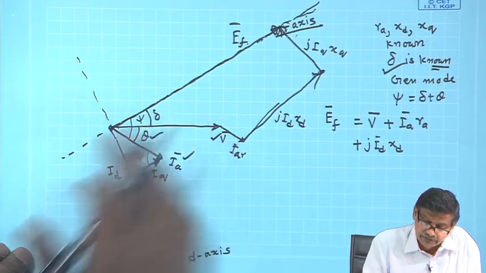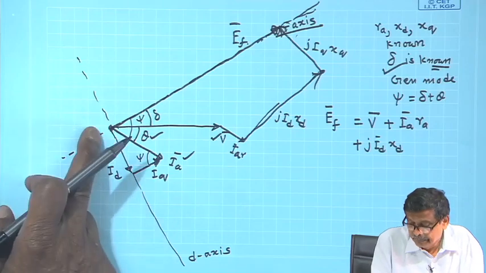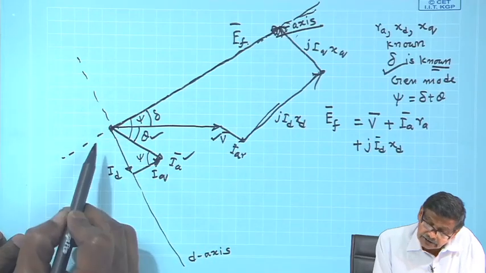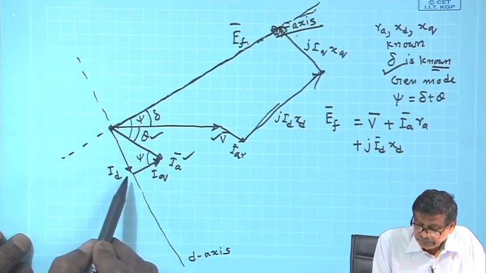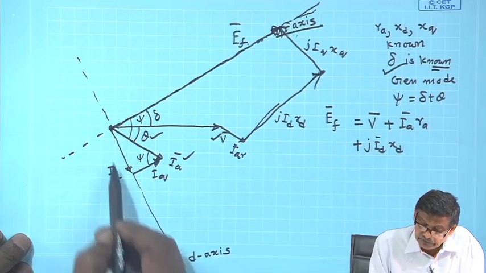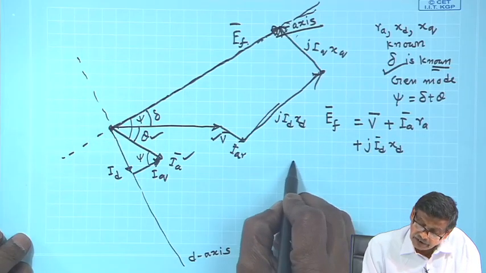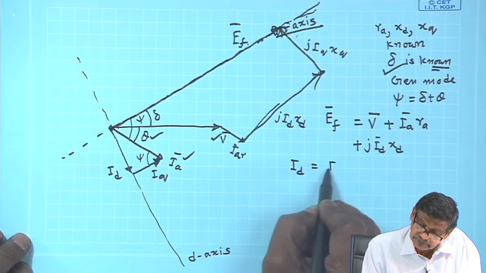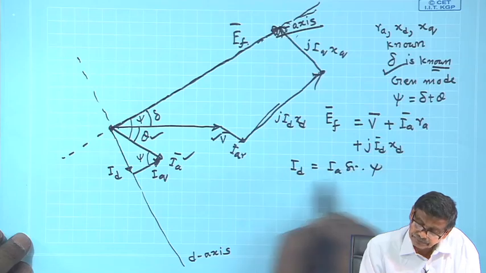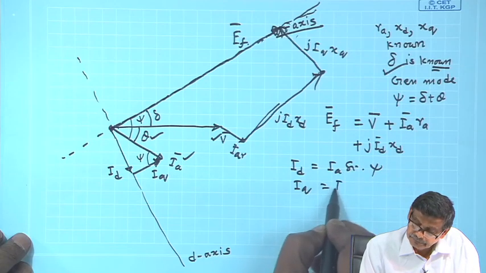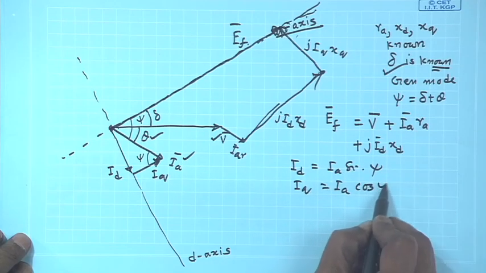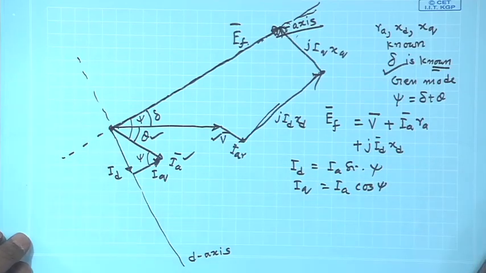So, delta was known, E f, d axis. So, this is I a, psi is known. So, I d is I a sin psi, I q is I a cos psi, like that we will be doing.